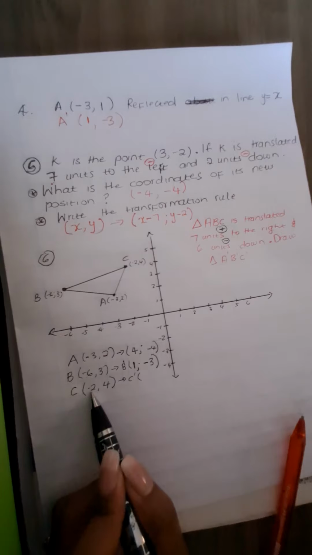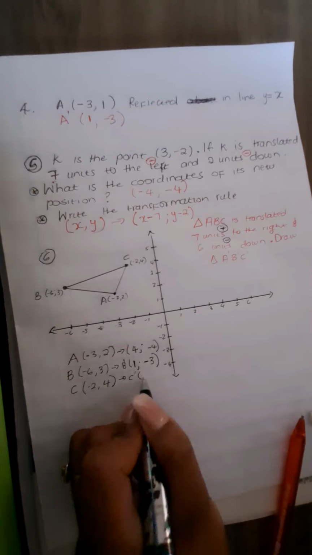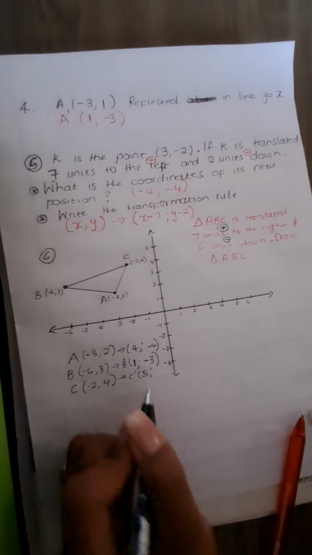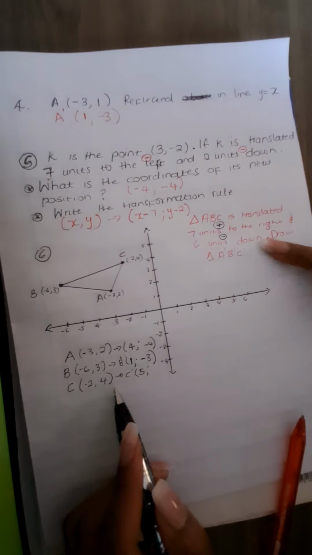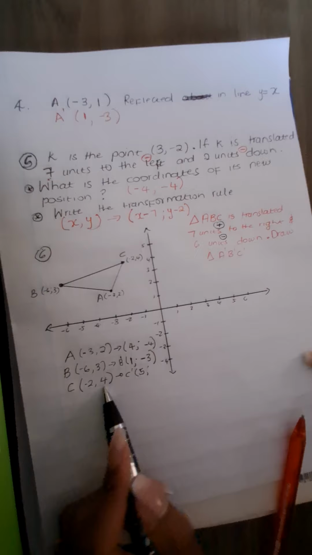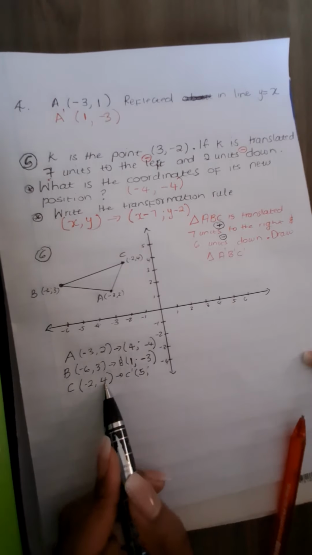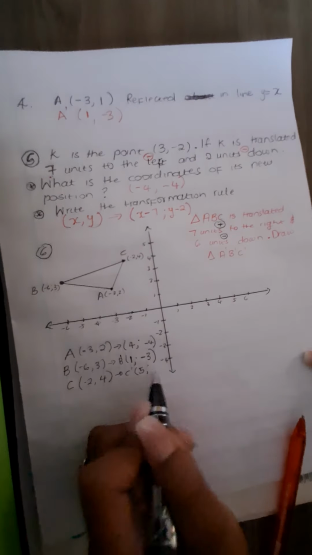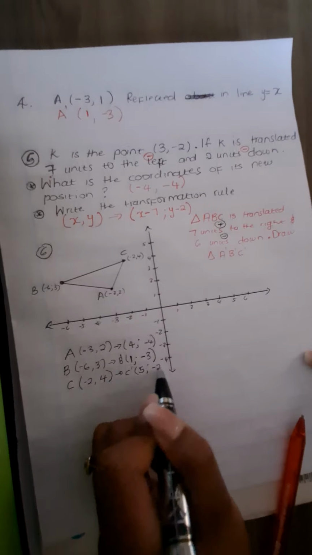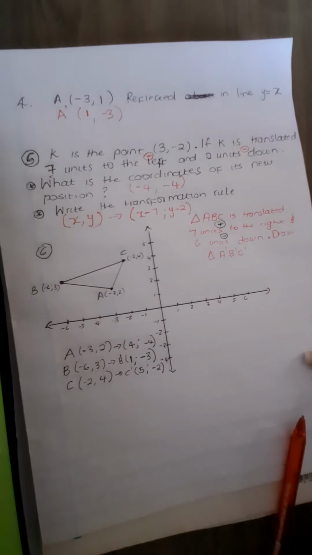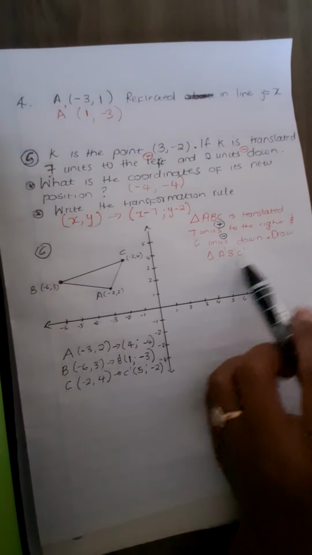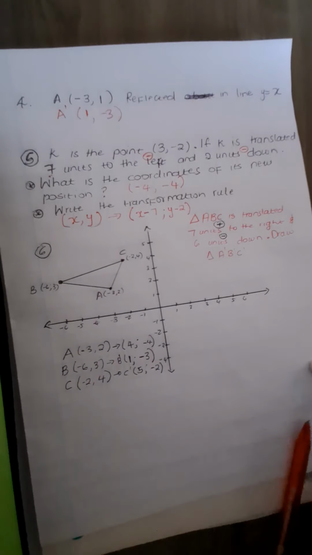So you say -2 plus 7, you should get +5. And then 6 units down for your Y coordinates, so it's going to be 4 minus 6, which is -2.